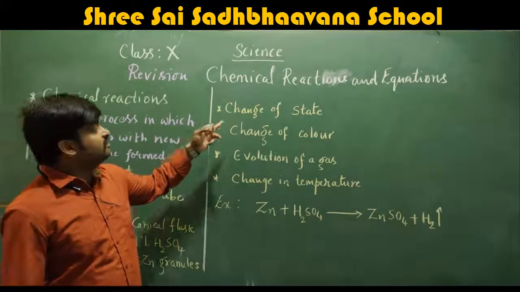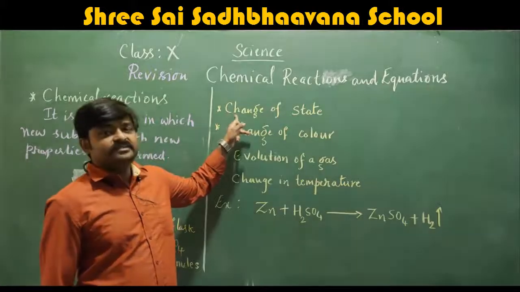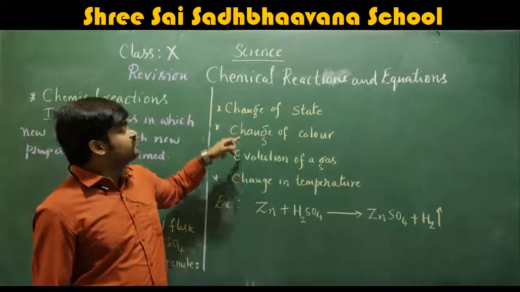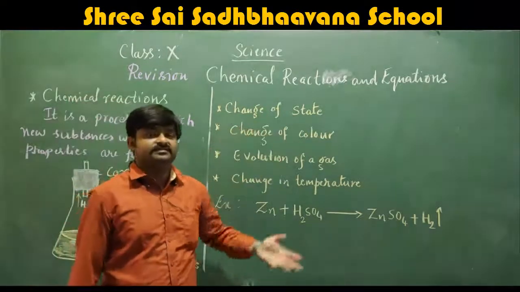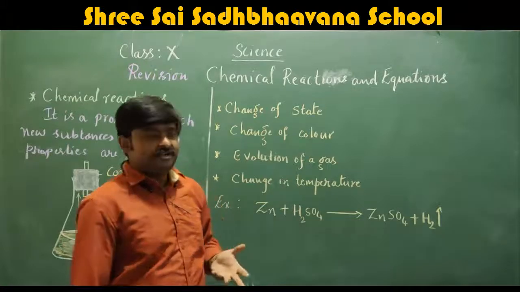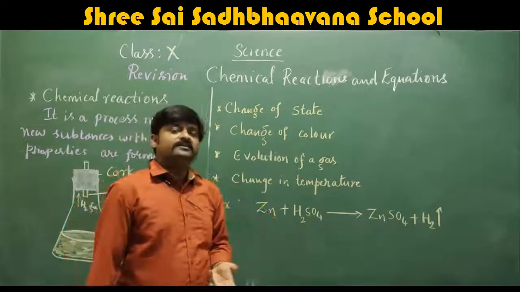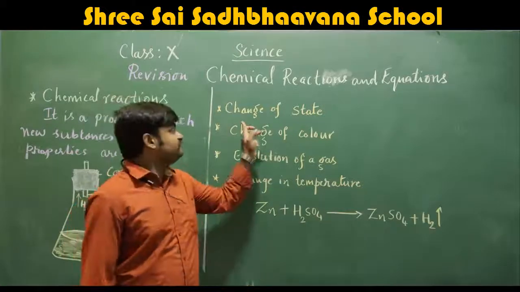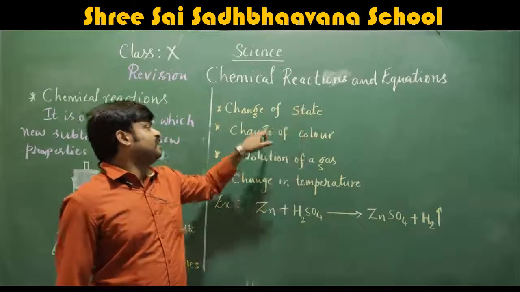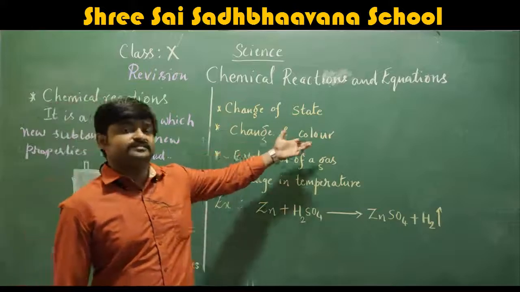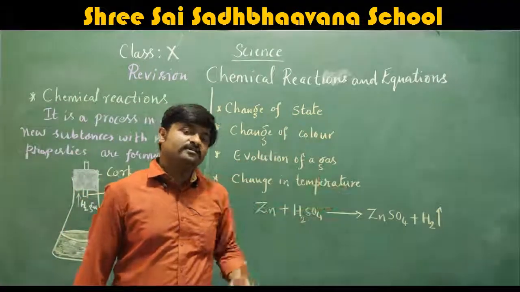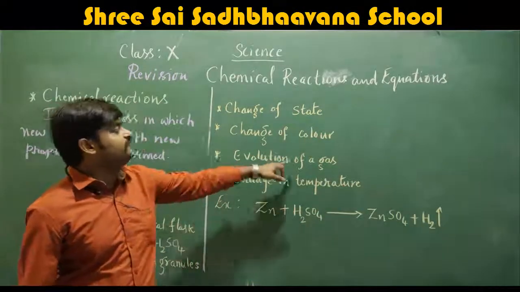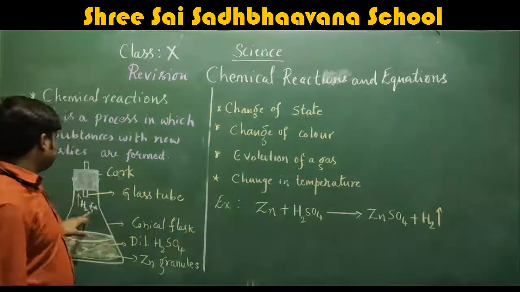So here you are seeing what observations can be expected during a chemical reaction. Change of state: solid may become liquid, liquid may become solid. Are you understanding? Change of physical state. Next, change of color. Evolution of gas. Which gas is evolved?